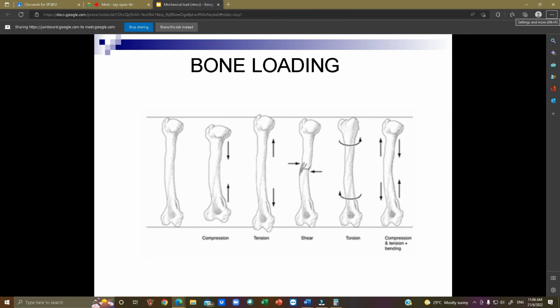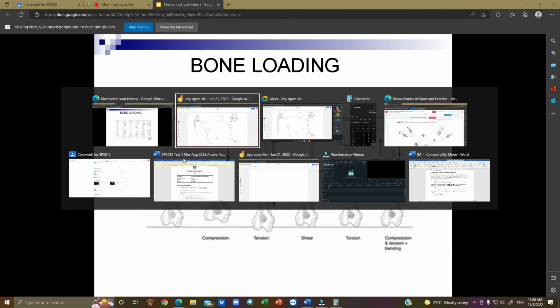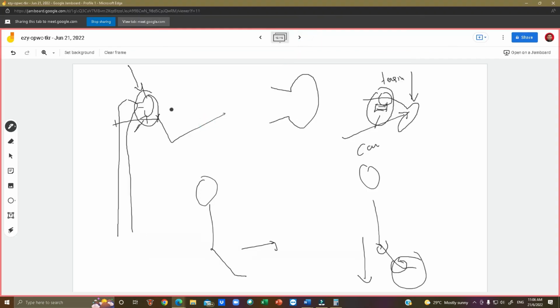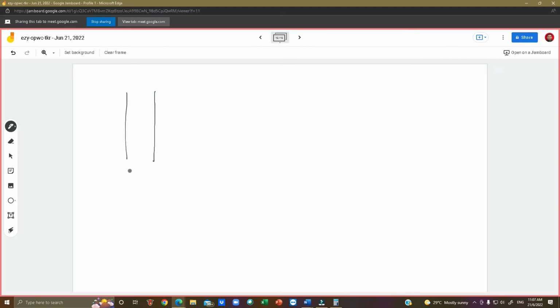Okay, one more example of torsion. When we talk about torsion, consider the amount of bone, regardless of the placement. If you have, for example, a femur like this, compare it with a tibia like this. If we cut it, in the analysis of the cross-section, the area is smaller, so the ability to sustain torsion will be lesser.